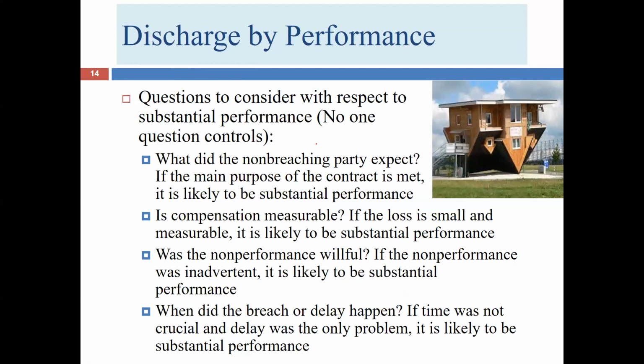So what did the non-breaching party expect? This would be Dion in our scenario. Was he really focused on that 10th bedroom's closet? I mean, maybe he was. Maybe there's some really awesome reason why he really needed it to be 6 feet, and he communicated that to you and it makes sense.